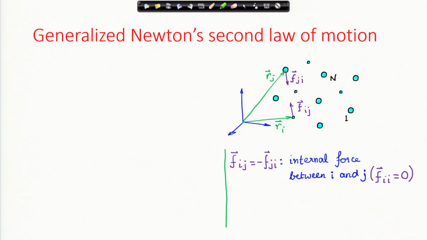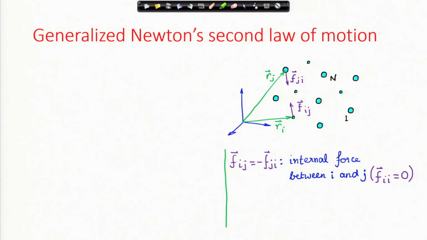These particles might be interacting amongst each other, and F_ij is the force that acts on the ith particle due to the presence of the jth particle. They may or may not be connected, but they have some form of interaction, and this force of interaction we are indicating by F_ij when we are looking at the ith particle and considering the force due to the jth particle.